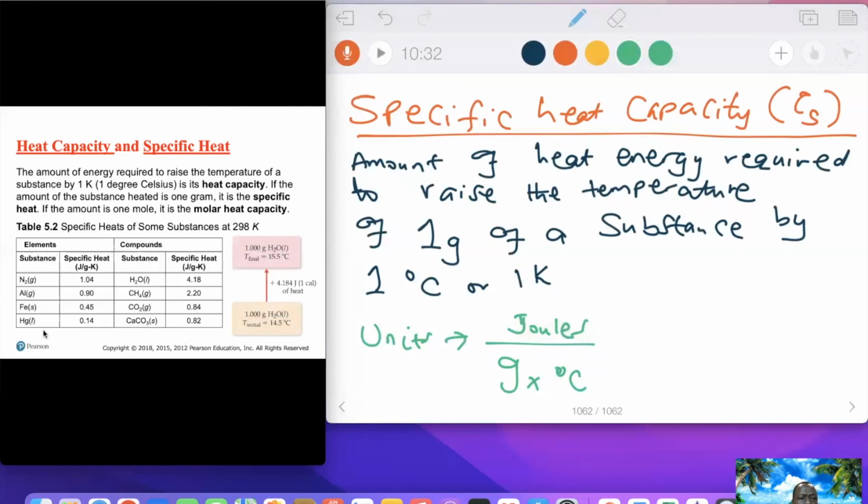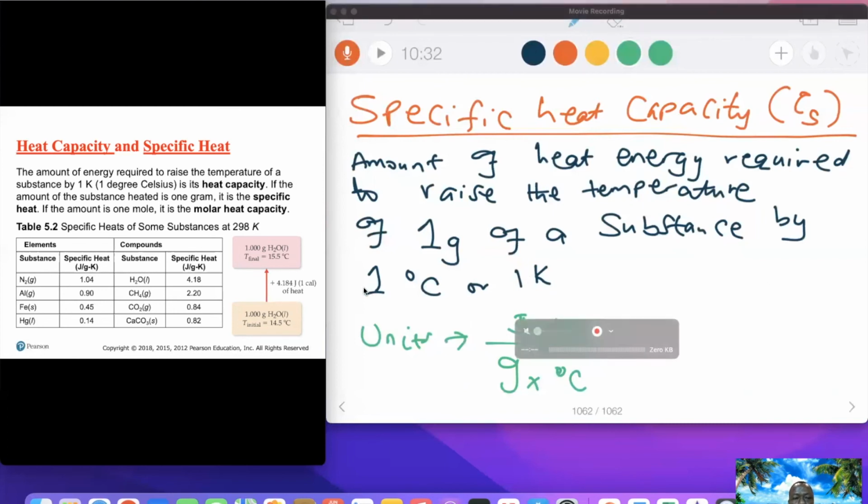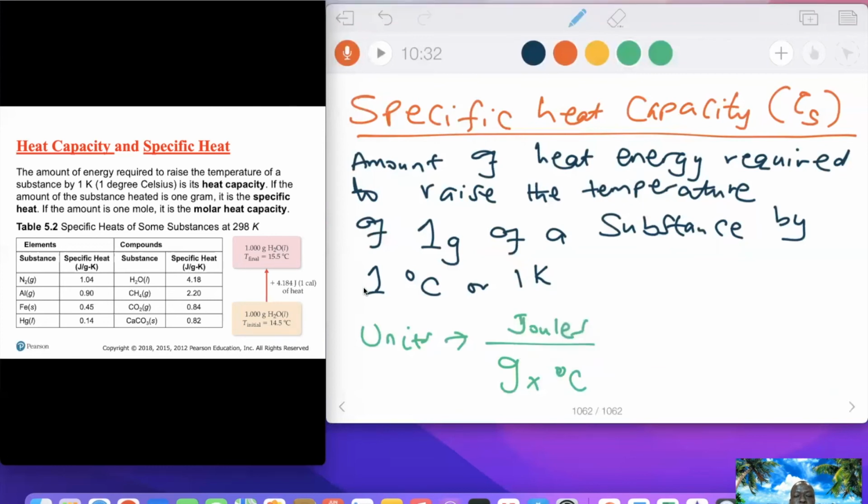Here are a few examples of some substances with their specific heat. Look at the units: joules per gram times Kelvin. A change of 1 Kelvin is the same as a change of 1 degree Celsius. I like using degrees Celsius because when you measure the temperature of substances in the lab, we use a thermometer, and a thermometer measures the temperature in degrees Celsius.